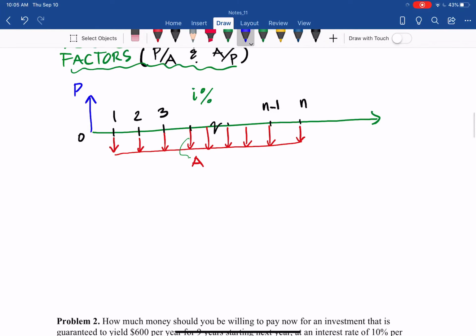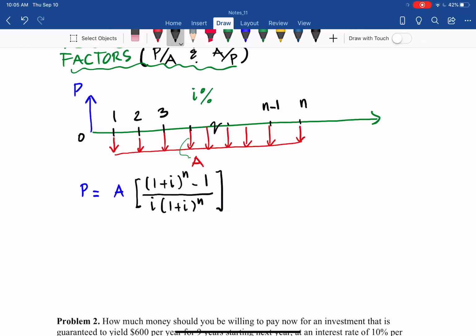So given A, find P, I can apply P equal to A times a factor, and that factor is equal to (1 plus I) power n minus 1, over I times (1 plus I) power n.